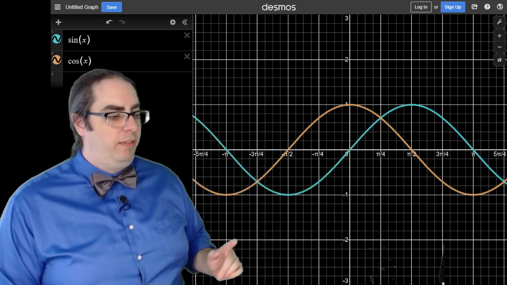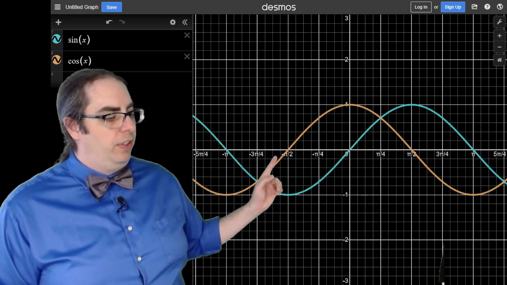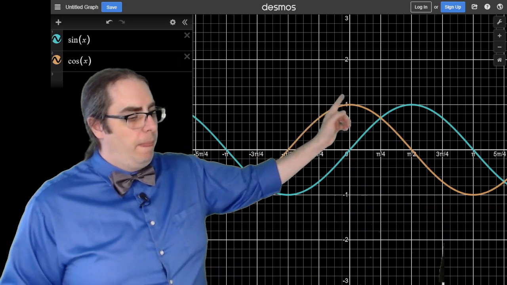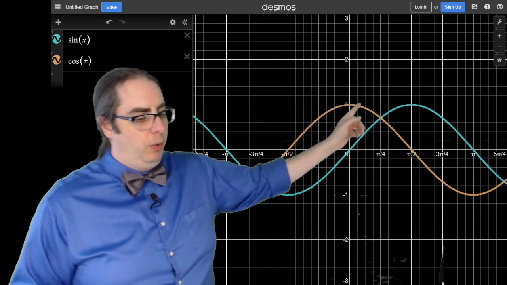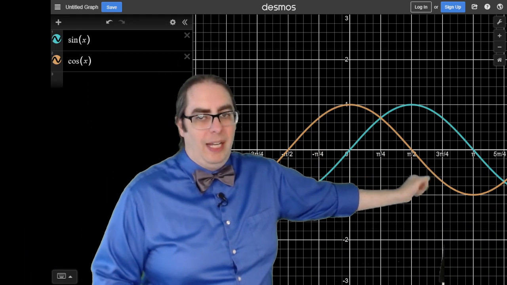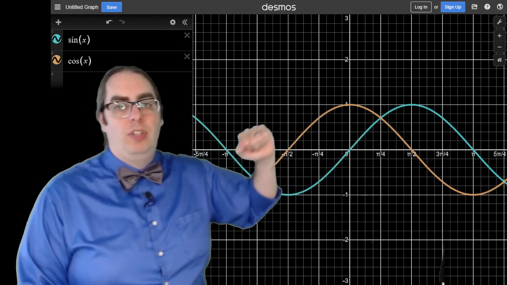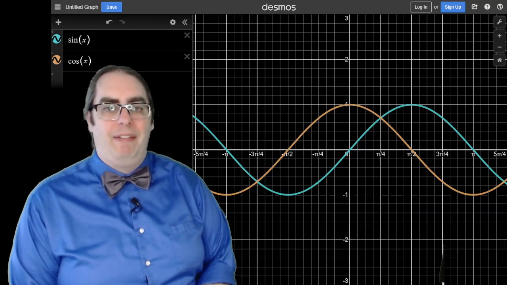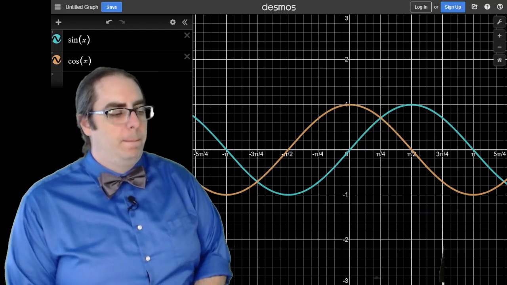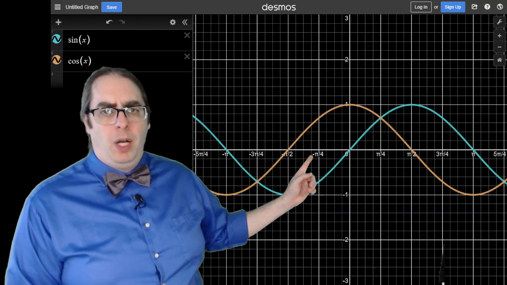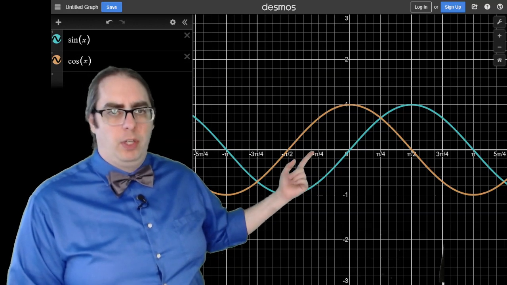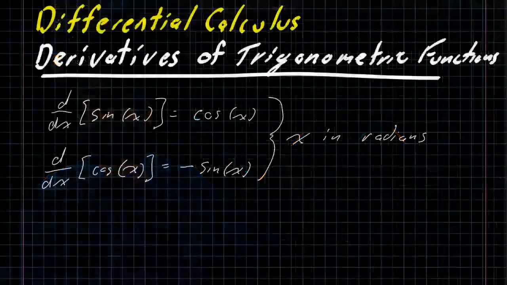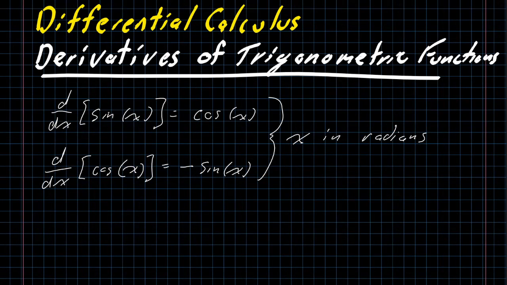And then the cosine function. Cosine function is increasing over here, but from right here, when x is equal to 0, down to when x is pi, the cosine function is decreasing. So its tangent line should have a negative slope. The sine function is positive, but remember, if I go back to my notes, the derivative of the cosine function is the negative of sine.